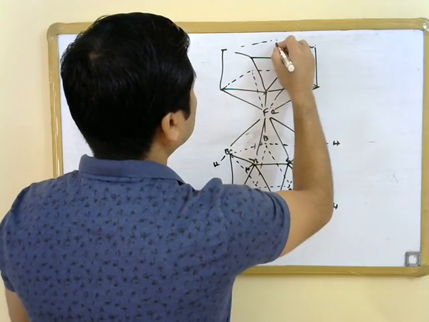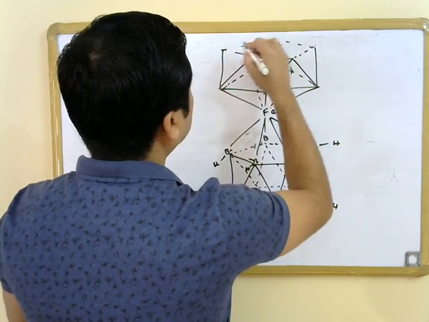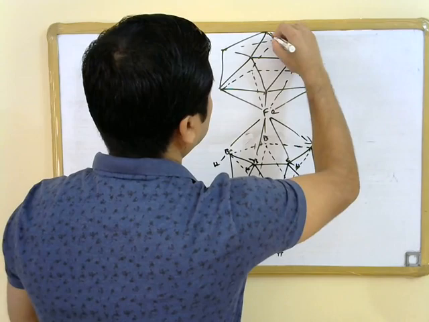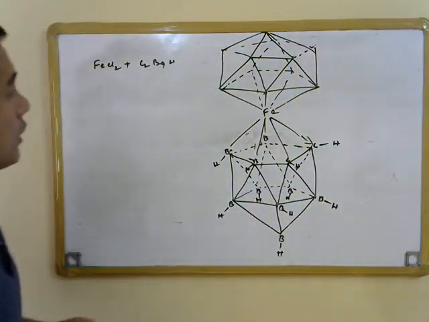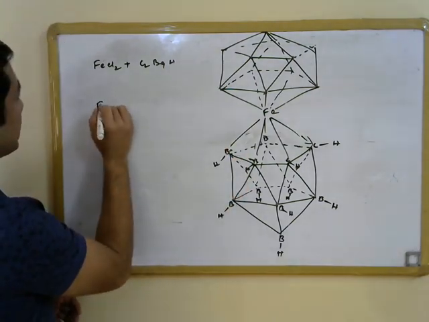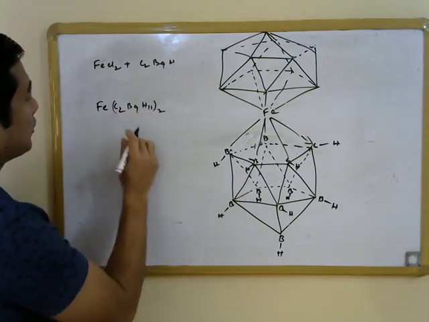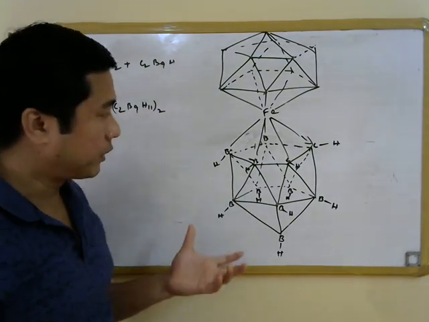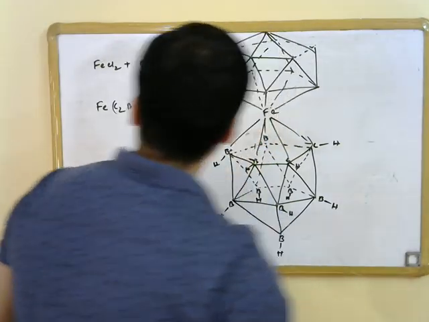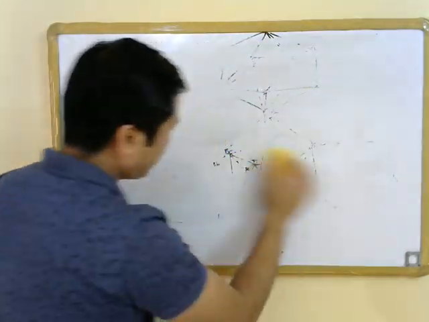So this is the structure of this compound, that is Fe(C2B9H11)2, which is similar to the structure of ferrocene, and this we could find out by using this electron counting method. So this is how we can also determine the structure of metallacarboranes.